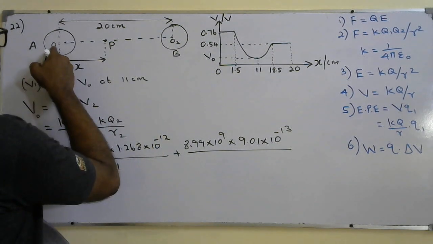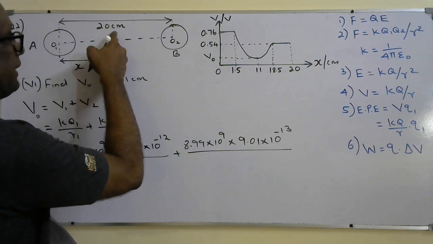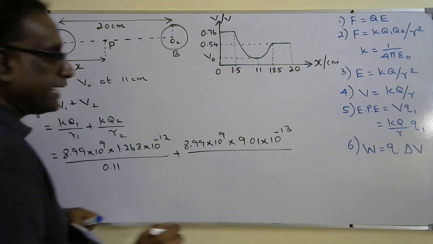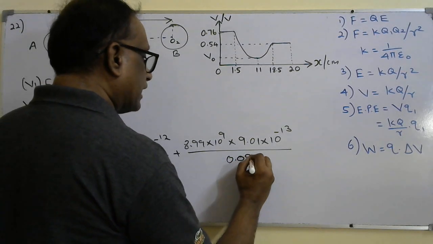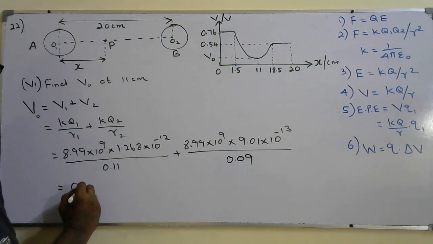From the first sphere the distance is 11 centimeters, and the total distance is 20, so 20 minus 11, 9 centimeters, 0.09. Solve it, you will get V naught, equal to 0.19 volt.